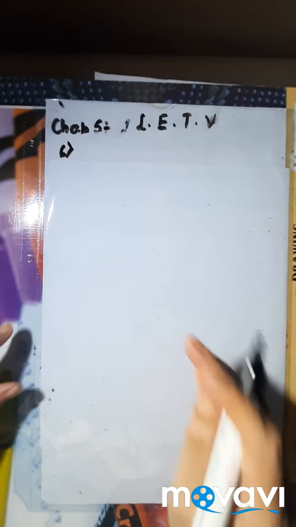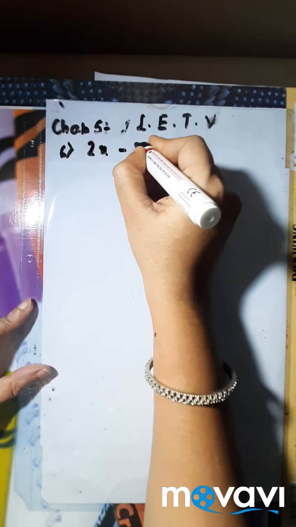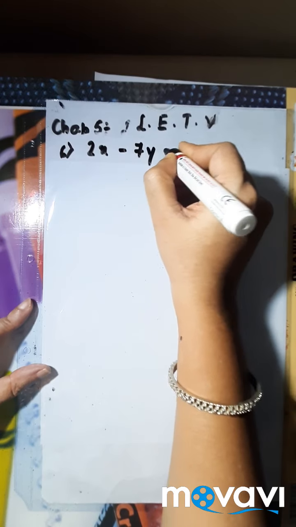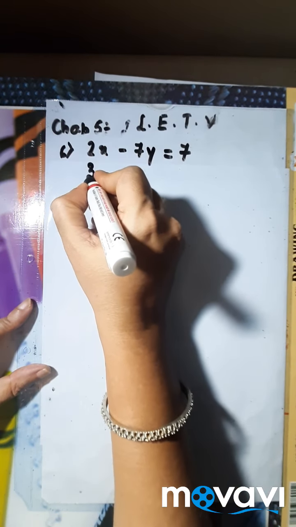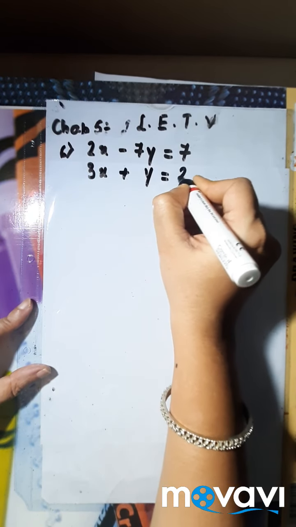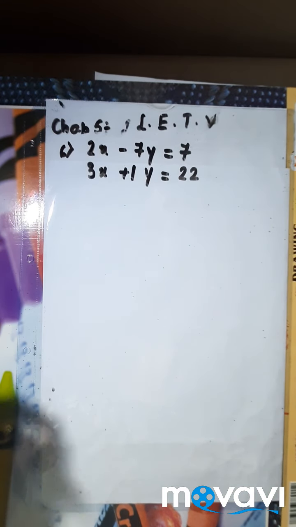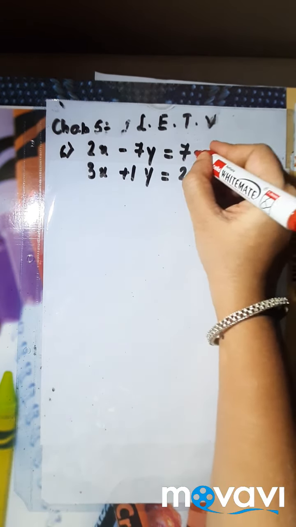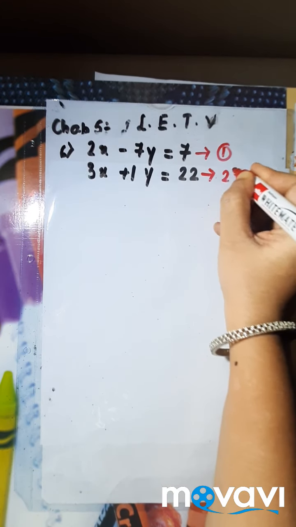Question number 6. 2x minus 7y equal to 7 and 3x plus y equal to 22. This is 1y, correct? Call this equation 1. Call this equation 2.